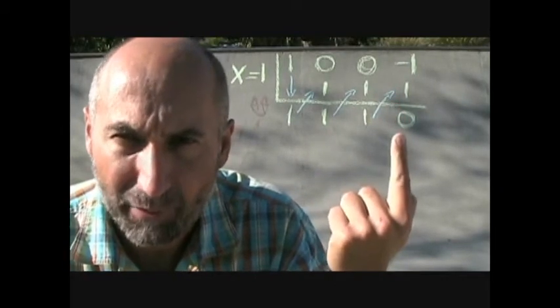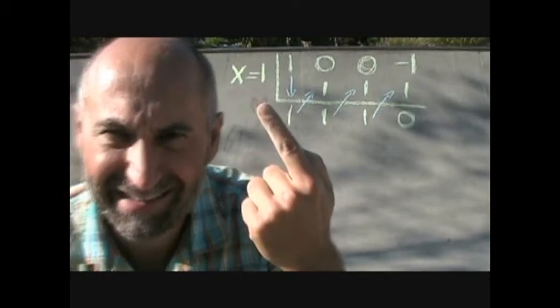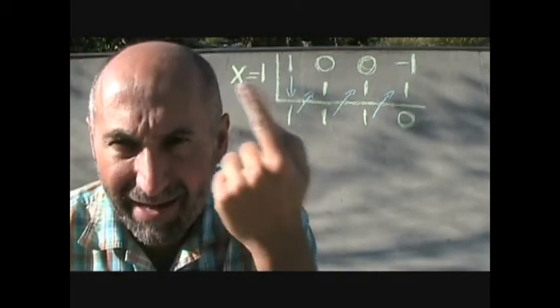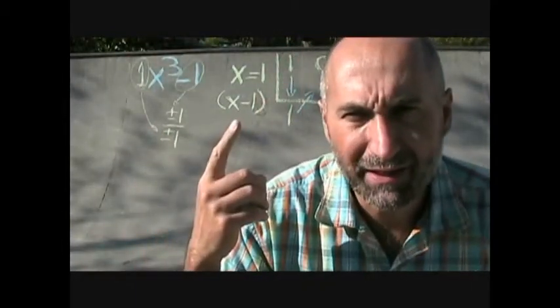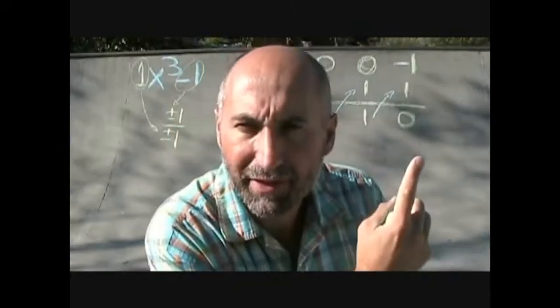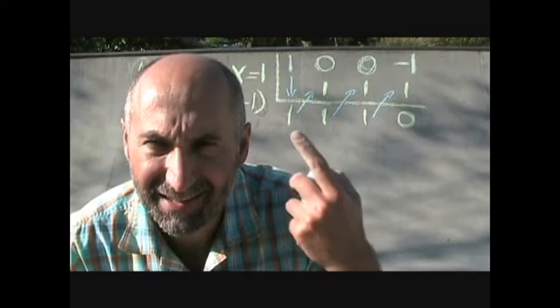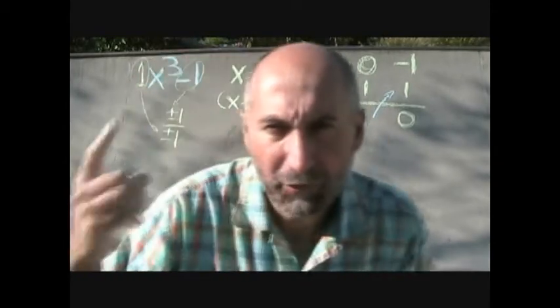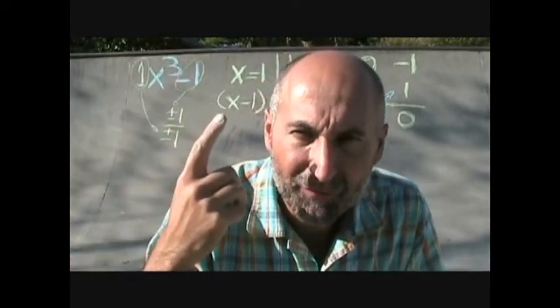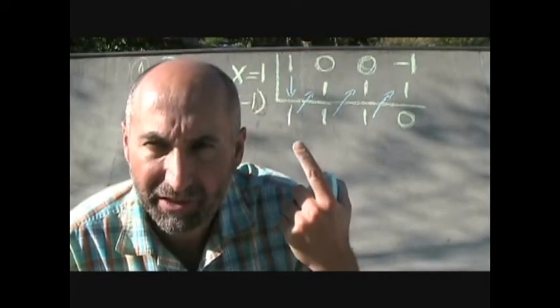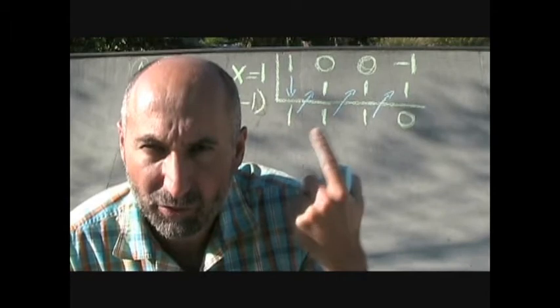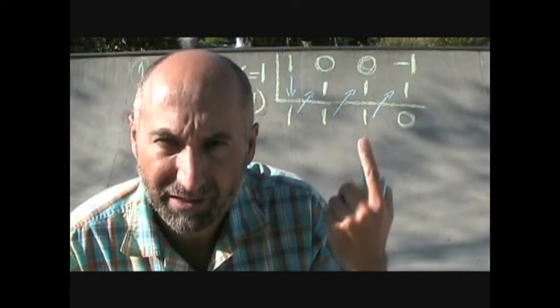That way, we know that x minus 1 is a factor of this top polynomial. Right away we know that x minus 1 is a factor because our remainder is equal to 0. What we have as the end result here is, since we took an x cubed and divided an x from it, 1x squared plus 1x plus 1.